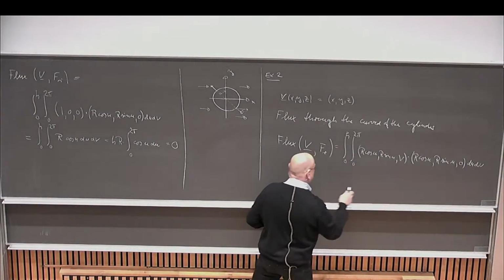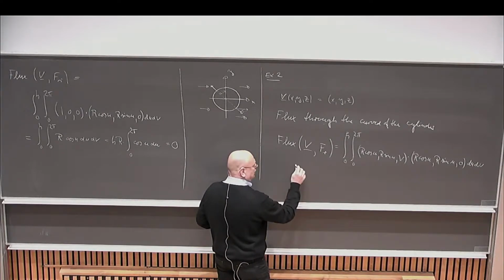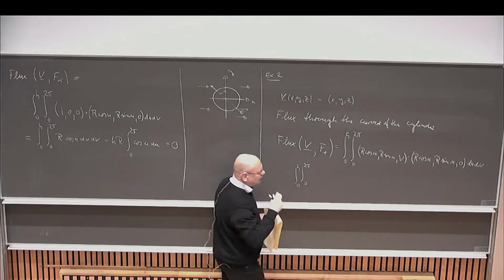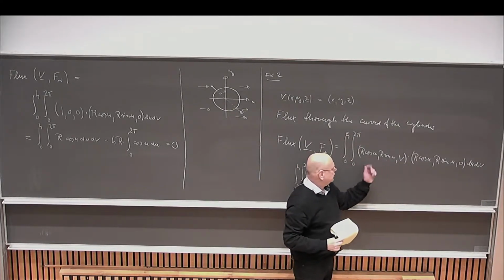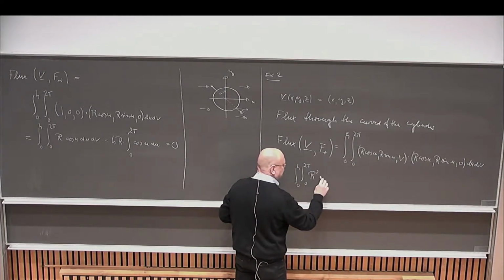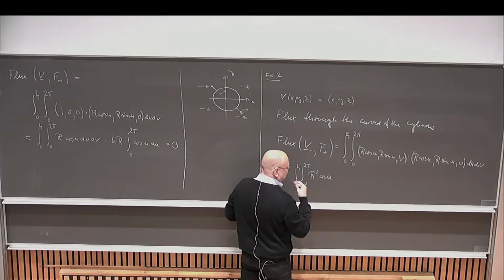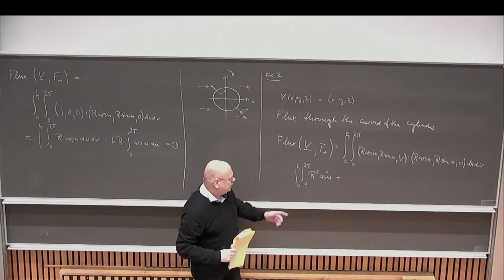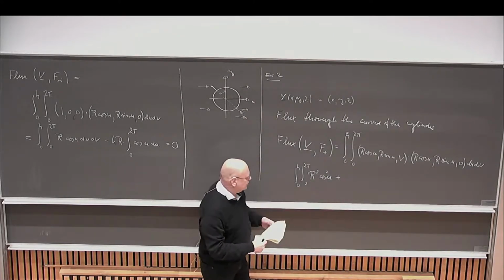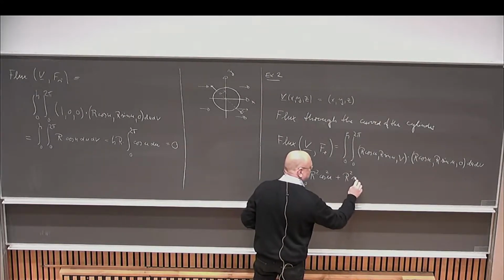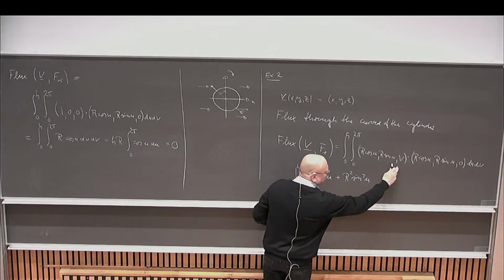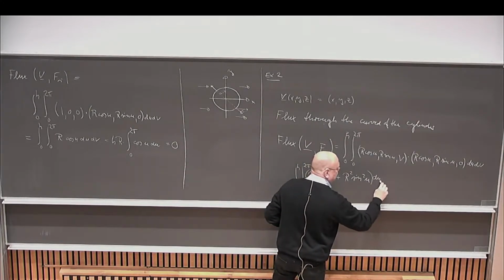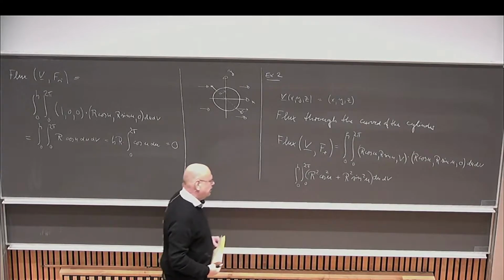And now if you do this dot product here, you get r squared cosine squared u, and then you get r squared sine squared u, and then finally v times 0, that is 0. So this is the result, and you have to integrate this.